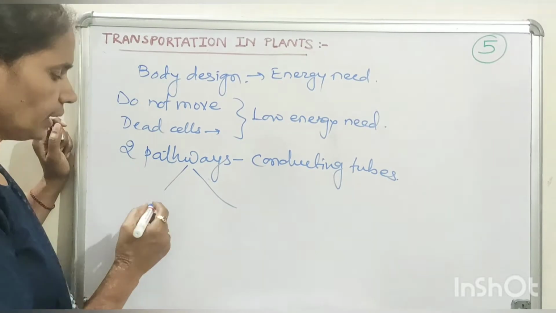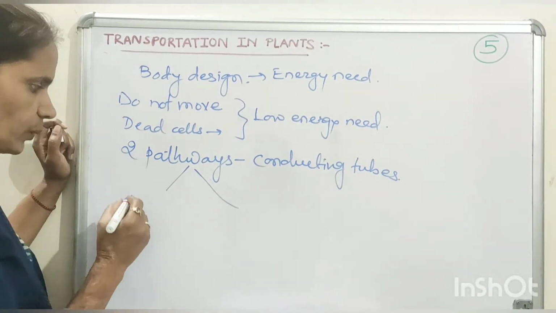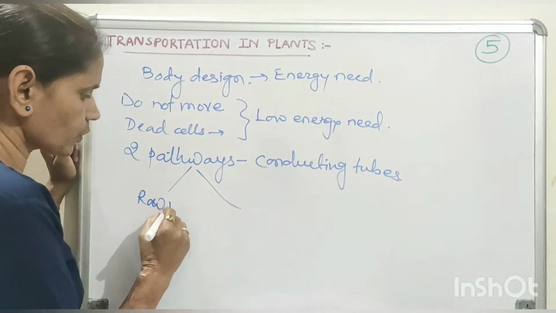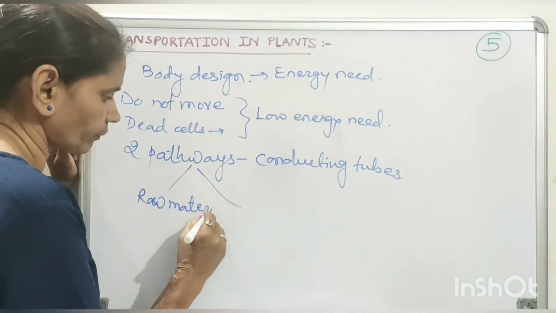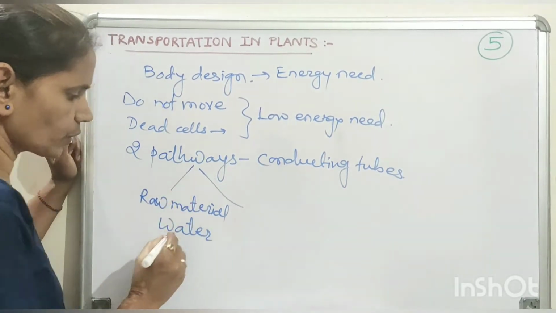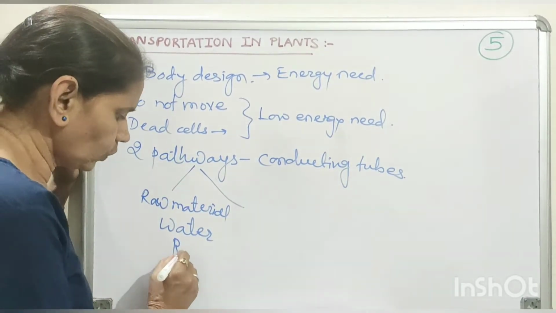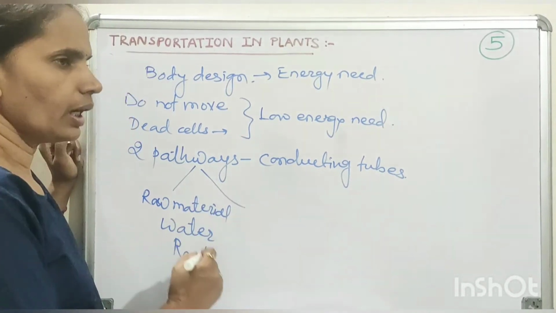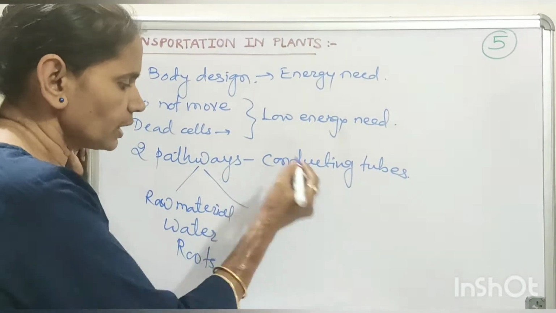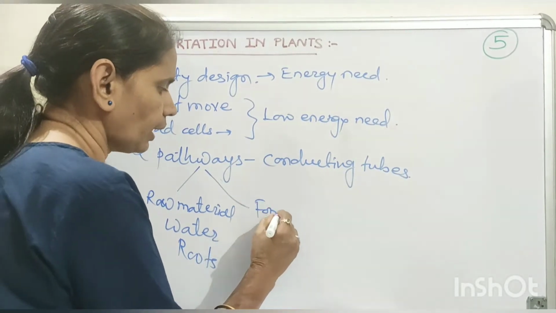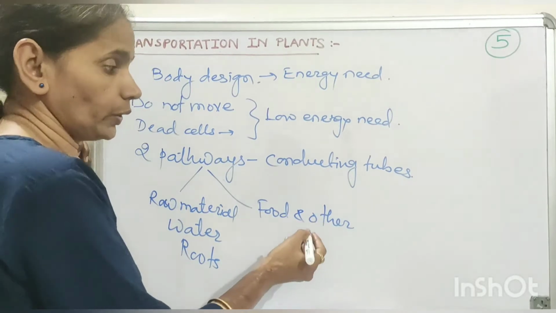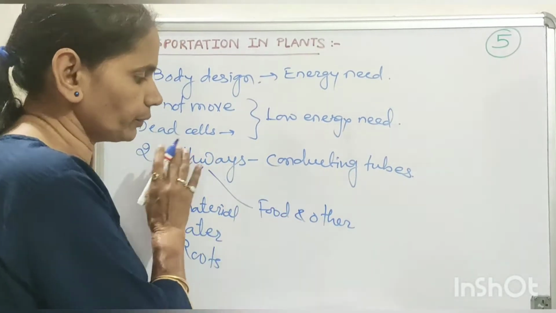One pathway transports the raw material that is dissolved or absorbed in the water from roots to the other body parts, and another pathway involves the movement of food and other substances, that is the product of photosynthesis, from leaf to the others.